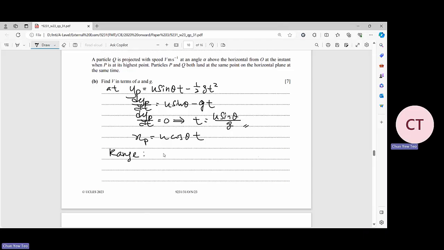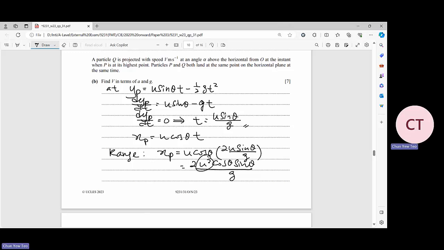XP equals u cos theta multiplied by 2 of the time that you have found. So you will have 2u squared cos theta sin theta over g.